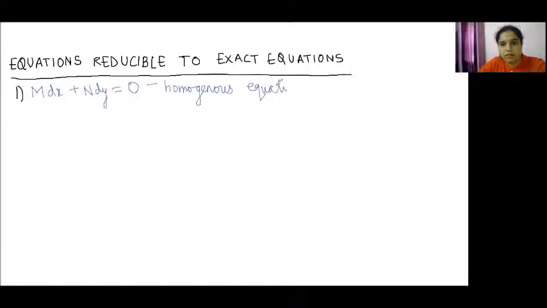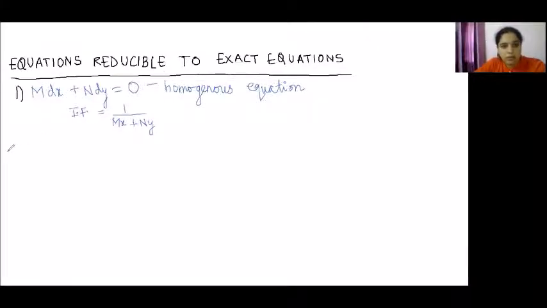In such cases, the integrating factor, I, is given by 1 by Mx plus Ny. From M and N, we will be evaluating this integrating factor. Multiply this differential equation with this integrating factor. The equation will become exact and then we can easily solve it.